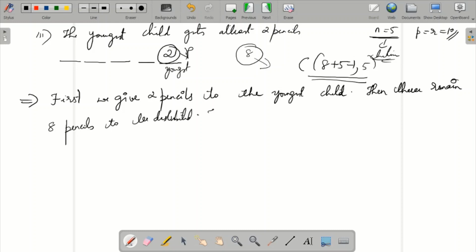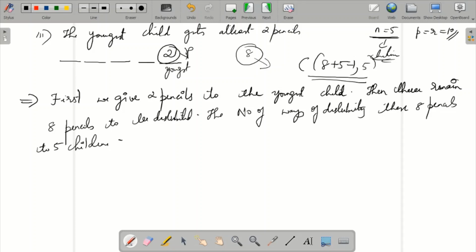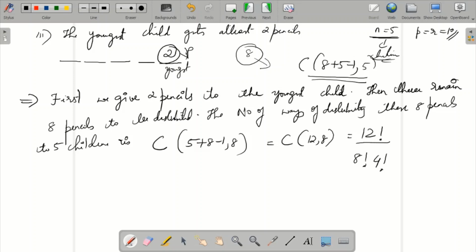The number of ways of distributing these 8 pencils to 5 children is combination of 5 plus 8 minus 1 comma 8. So that would give you combination of 12 comma 8. So that is nothing but 12 factorial divided by 8 factorial into 4 factorial.